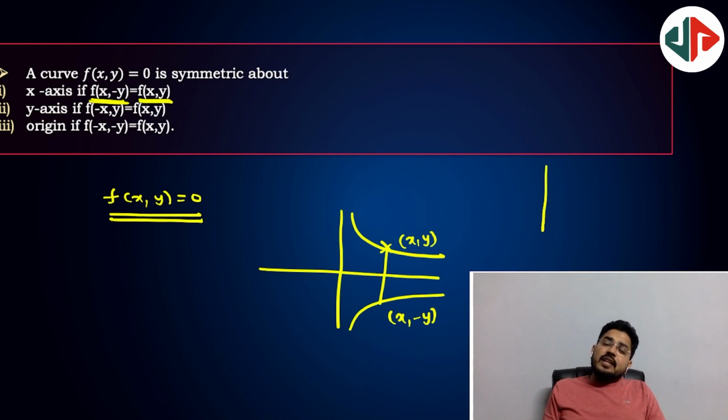Similarly, if the curve is symmetric about the y-axis, look at here. If this is x comma y, this is minus x comma y.